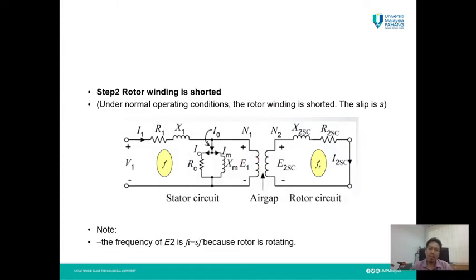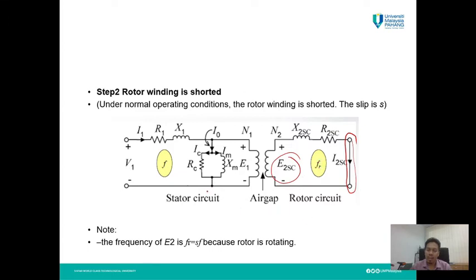Then step number 2, we short circuit the rotor circuit. Ni kita short circuit. So when we short the winding of the rotor, the frequency of E2 here is equal to FR, the rotor frequency.